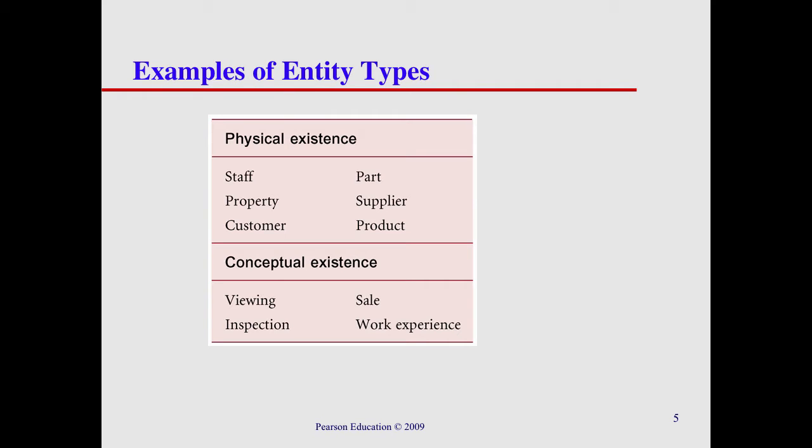We say that a customer views a property, or one of our staff inspects a property. So in many cases, conceptual existence is actually going to really be a relationship, but it may get mapped into a relation when we create our relations. Now, work experience would actually probably be an actual entity. It's not a relationship.